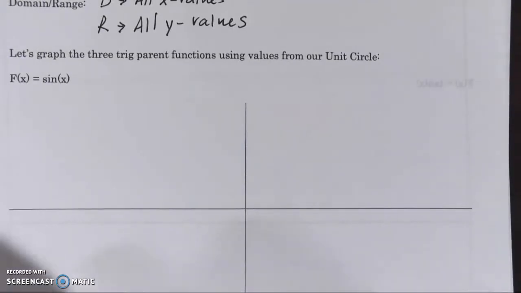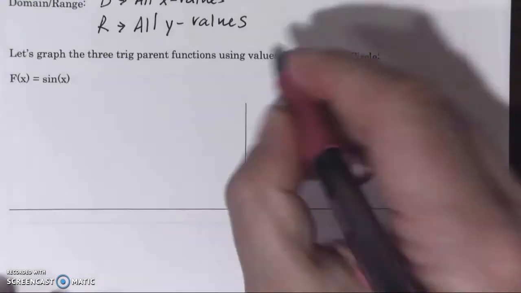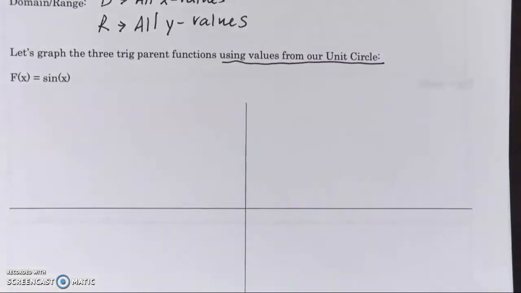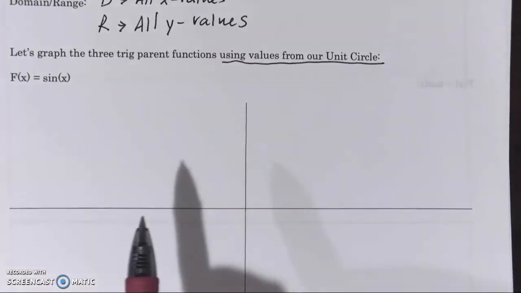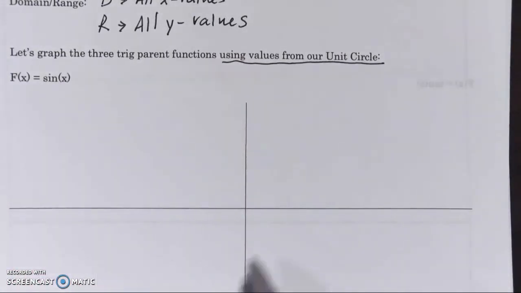Sine of x is going to be the parent function for all sine graphs, okay? How are we going to figure out what this parent function looks like? We're going to use values from the unit circle, okay? So we need to think about the sine values and how many rotations, how far from 0 all the way around the unit circle would sine then repeat itself, okay?